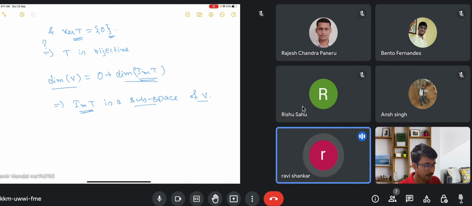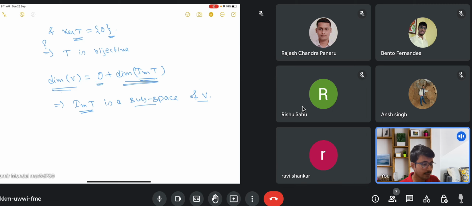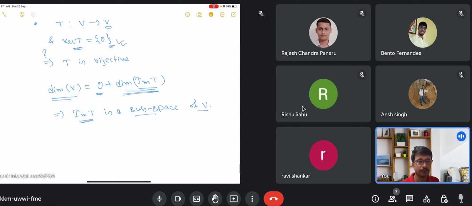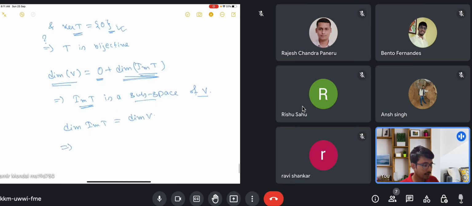Yes, sir, it is a subspace. Both dimensions are the same. Why, sir? Because the kernel of T is 0. These are our assumptions, so the nullity is 0, and we get the dimension of the image of T equal to the dimension of V. So it is forced that the image of T equals V. I proved that statement in one lecture. You can follow that video.